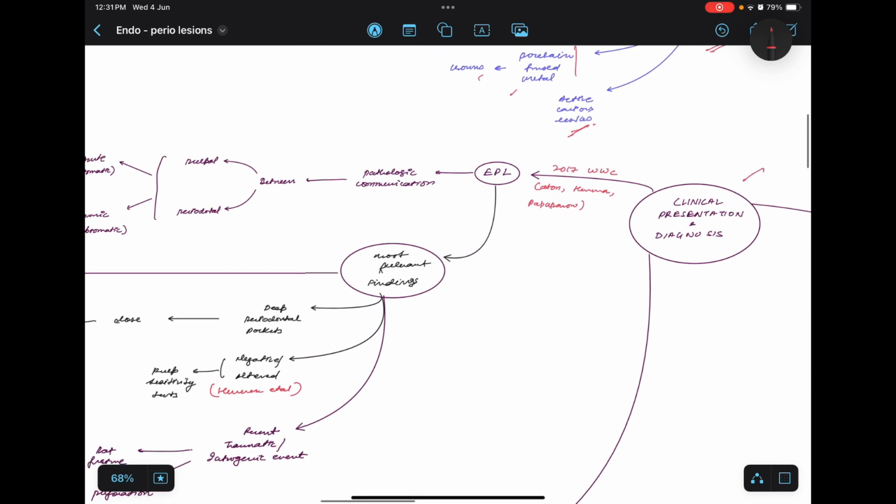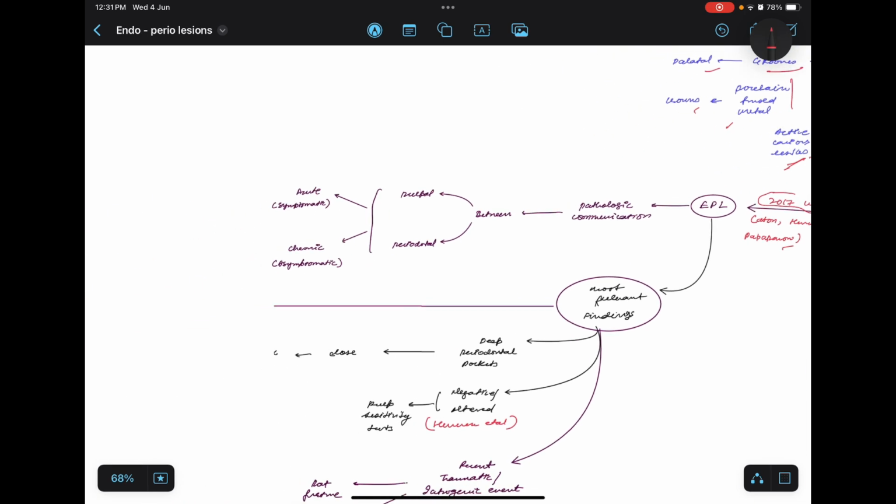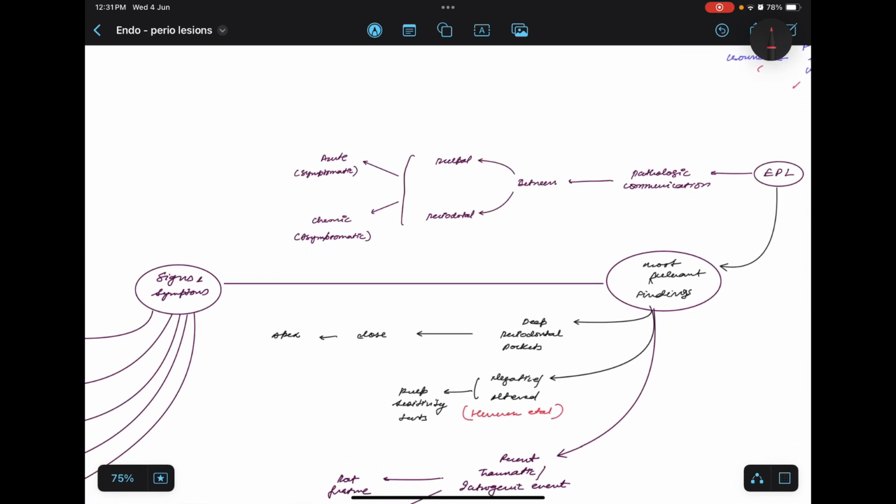Then coming to clinical presentation and diagnosis, so it is given by Caton, Herrera and Papapanou in the 2017 World Workshop. EPL, as we have figured out, is a pathologic communication between the pulpal and periodontal ligament. It could be acute, that is the symptomatic one, or chronic, the asymptomatic one.